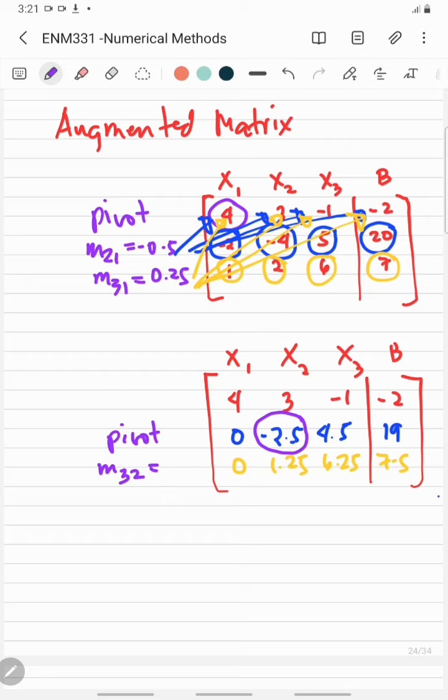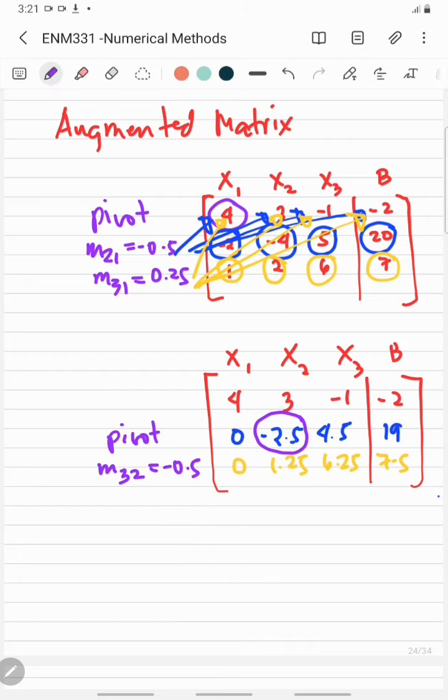So again, you have to divide 1.25 by negative 2.5. So this is equal to, okay, negative 0.5. So I have to make this again in decimal form. So you have 0.5.